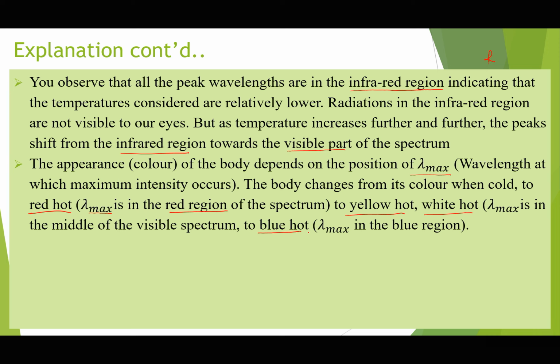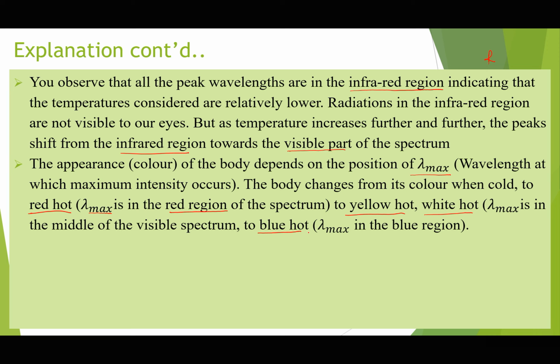That's why we said the hottest stars are bluish white, and the cooler stars are actually red. So the appearance of an object depends on where lambda max falls. The object starts changing color depending on the wavelength at which maximum intensity is occurring.